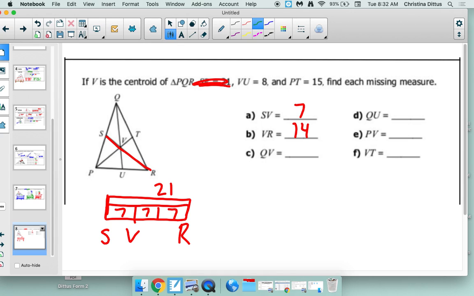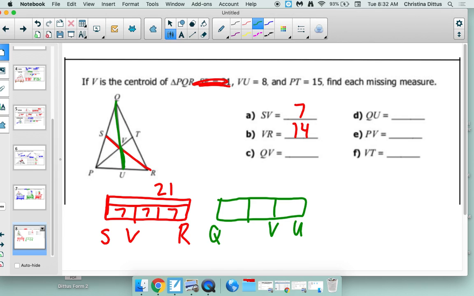This time it says VU is 8. We're going to write the whole line down though, because I want the whole thing in order to break it up into thirds. So I have Q, U. Is V going to go on the left or the right? On the right, because QV is bigger than VU.